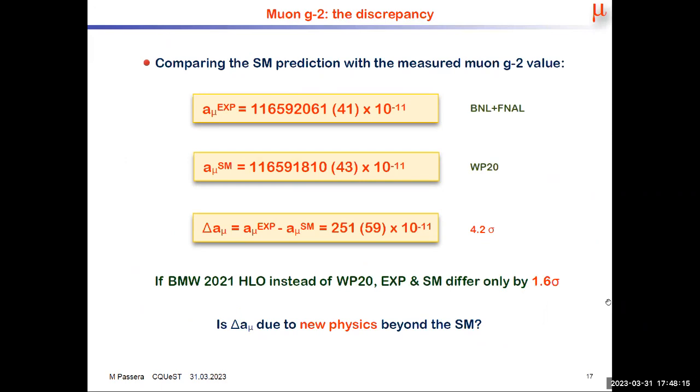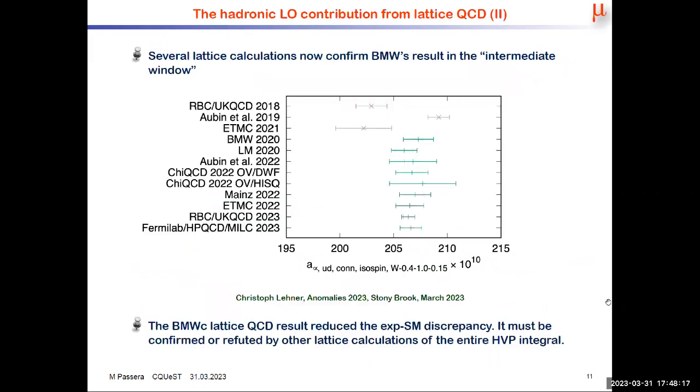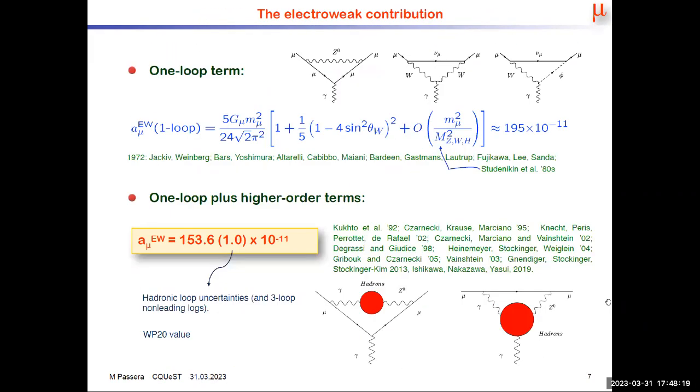Well, this looks very much like the weak contribution, which here is 150 times 10 to the minus 11. A very similar contribution. This was the driving thought for many years: new physics is just around the corner, LHC will find it right away, and it is at the weak scale.